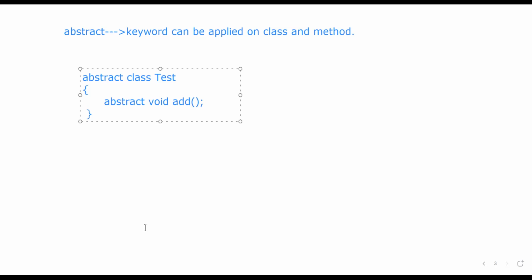Next point to write down: we can use private and final modifiers, comma, static modifier along with the abstract.